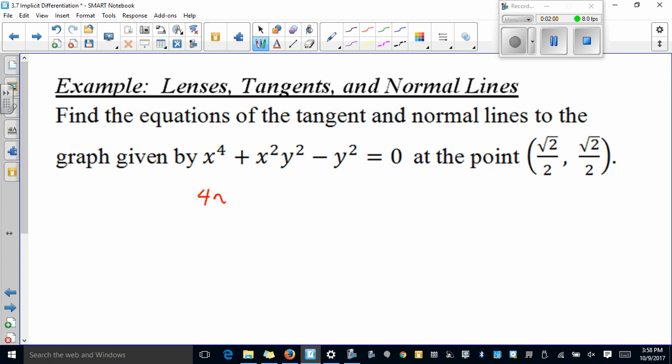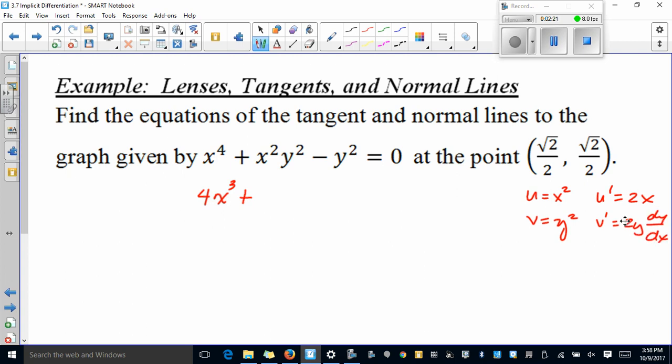If u equals x squared, u prime equals 2x. If v equals y squared, then v prime is going to be 2y dy dx. And then we had to put it in the format u prime v plus v prime u.